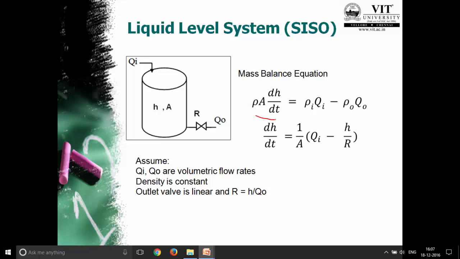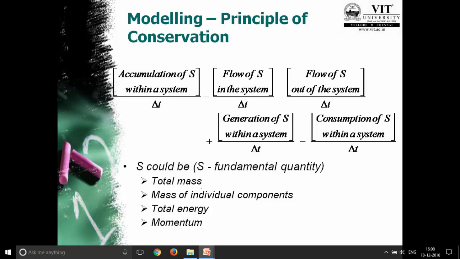So rho A, where A is the cross-sectional area of the cylindrical tank, and dH by dt, how this parameter changes with respect to time, which is equal to, so there is something coming in. So there is an inlet. So rho i Qi is the input coming into the system over the period of time, and then minus flow of S out of the system.